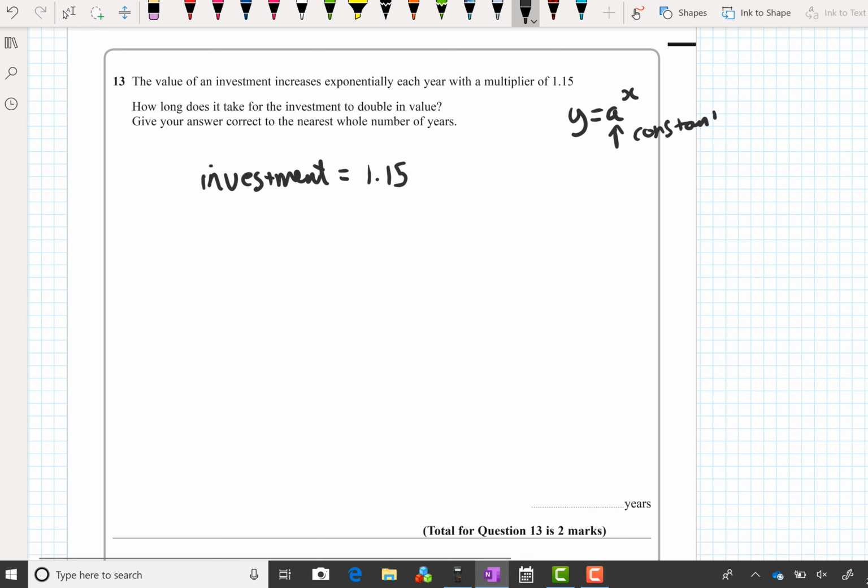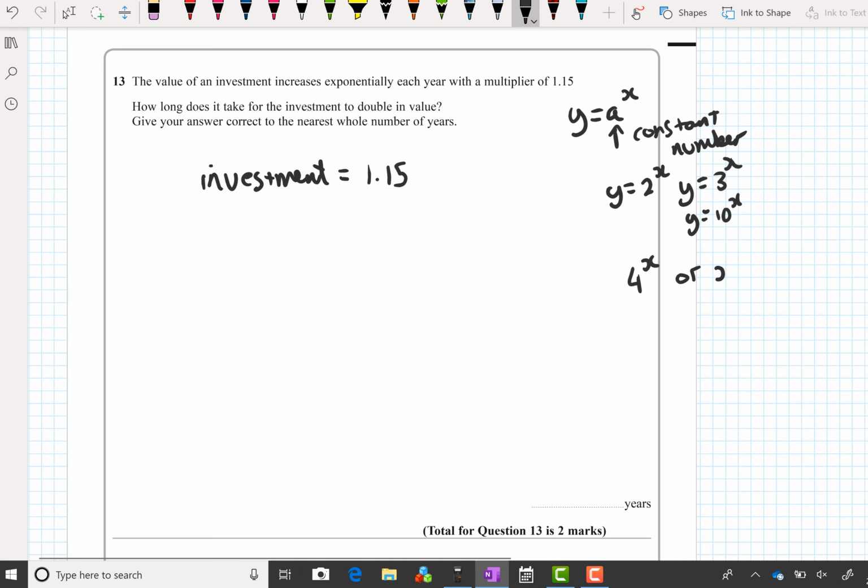For example, y is equal to 2 to the power of x, y is equal to 3 to the power of x, y is equal to number to the power of x. But when you have something to the power of x, as x is increasing, so if you think about this, 2x, now let's actually go a little bit larger so you'll be able to see the growth. 4x or x to the 4.